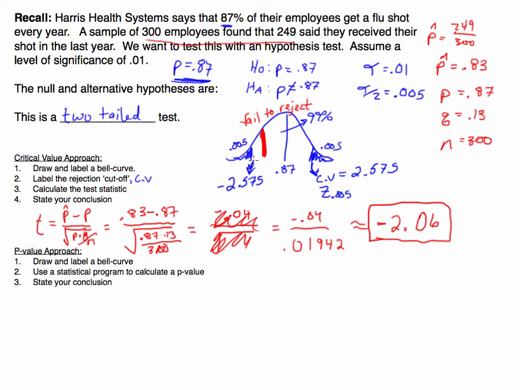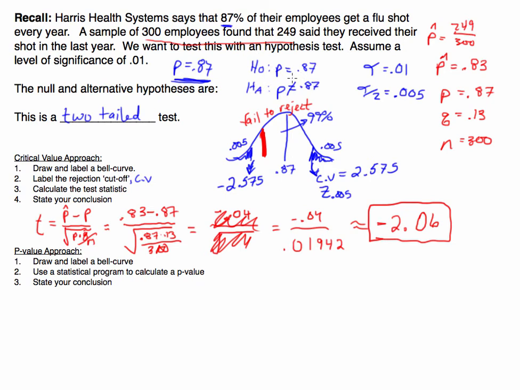If it was beyond negative 2.575, like negative 3 or negative 4 or negative 5, then we would reject. But in this case it's not significant, so I would fail to reject the null hypothesis. We don't say there's evidence to support the null hypothesis. We would just say there's not enough evidence to reject it. Given our level of significance, we can't reject the null.